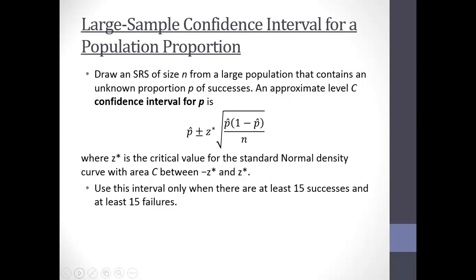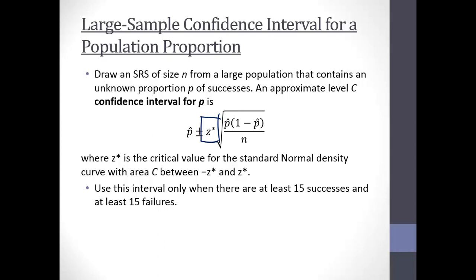Some good news here is that I have a z star floating around there, right? Going back to those unrealistic chapters of chapter 14, when we assumed we knew what sigma was, we had a z star. Here, as the theory works out, we can use a z star for our confidence intervals. So when you're doing a confidence interval for a proportion, we're back in that familiar world where we have a z star, and it's not a t star.